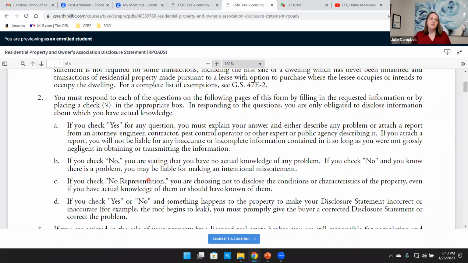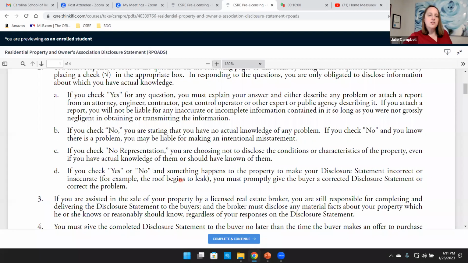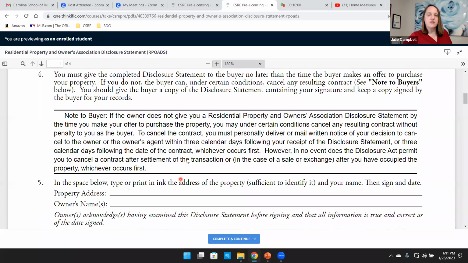That's the second piece of caveat emptor. The responsibility of learning about the property is on the buyer. So no matter if the seller says there are no problems with this house whatsoever, the buyer needs to do inspections. If the seller says yeah, this and this is a problem, or if the seller says no representation, the buyer's always encouraged, they have that responsibility, to complete their own inspections and investigations.